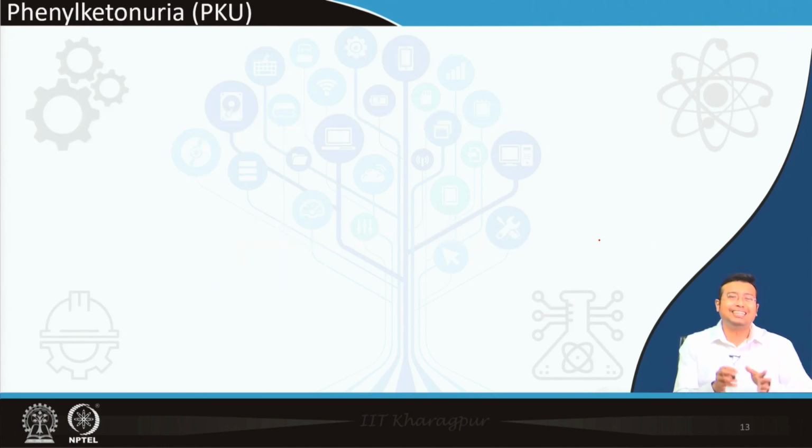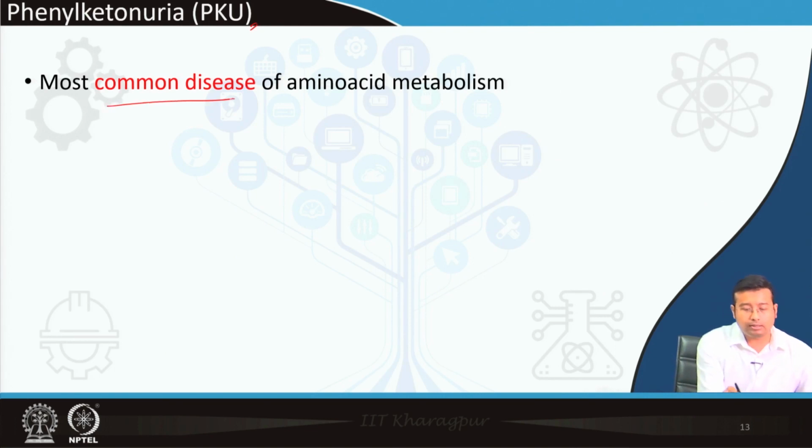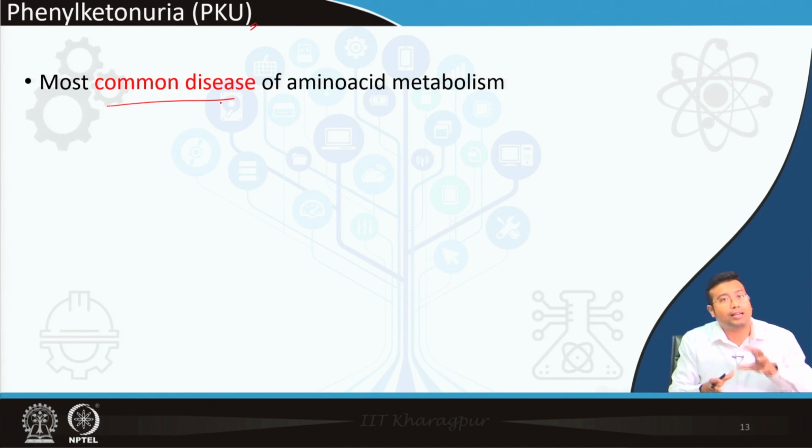The disease that happens when this enzyme phenylalanine hydroxylase is deficient is known as phenylketonuria, which is also abbreviated as PKU. Okay. This is the most common disease of amino acid metabolism, and that is the reason why this course has been designed in such a way that you need to know the worst disease first. Hence, we have chosen phenylalanine metabolism to start with.